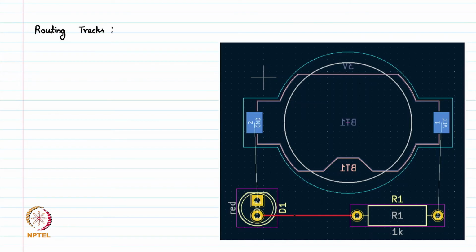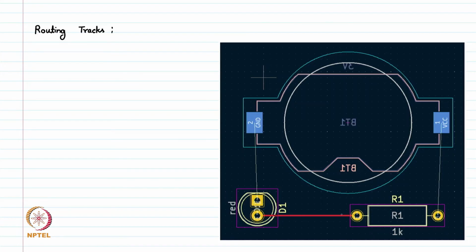So how do we make these connections? We simply click on one terminal and activate the layer in which we want to connect them. For example, if this is the front or top layer, we go to the layer palette and choose FCU, which is the front copper layer, and then we connect from this pad to this pad.